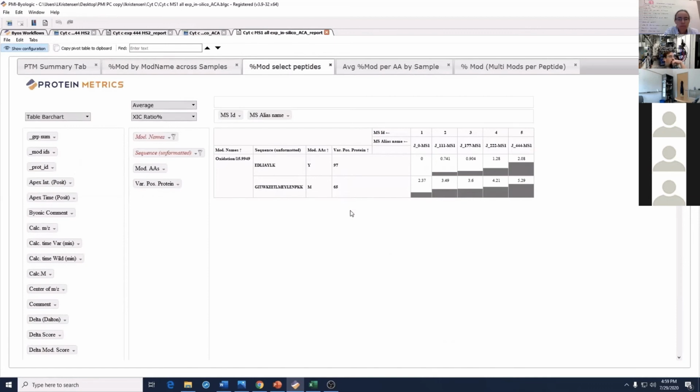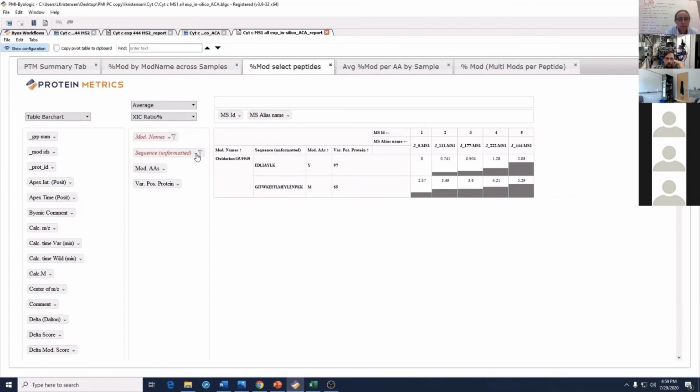And these are the 2 peptides and the 2 modifications we're going to use to create dose response plots in Excel for this demo. And I just wanted to show that you have a lot of flexibility with these pivot tables in terms of bringing in the column fields that you're interested in.